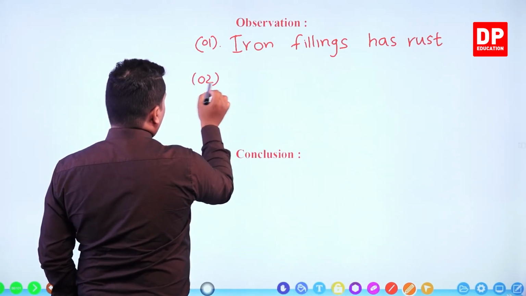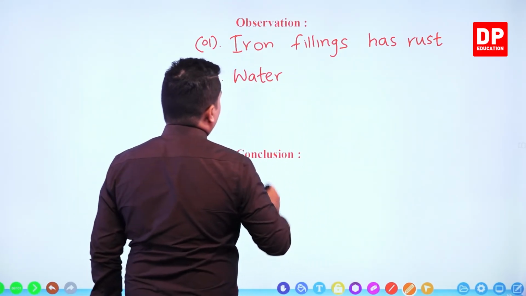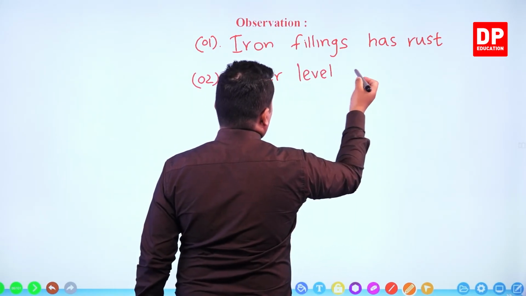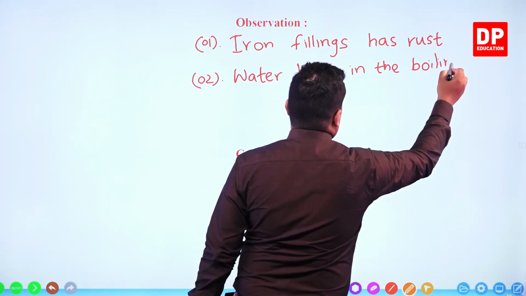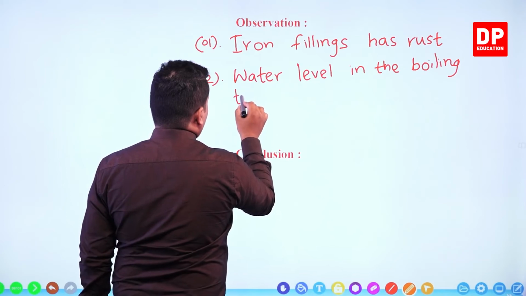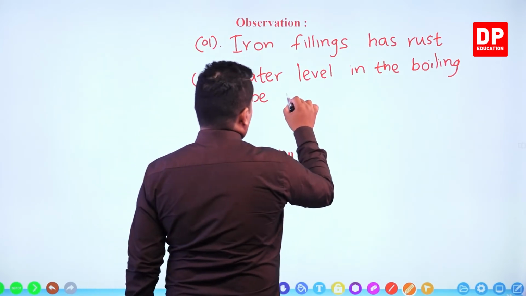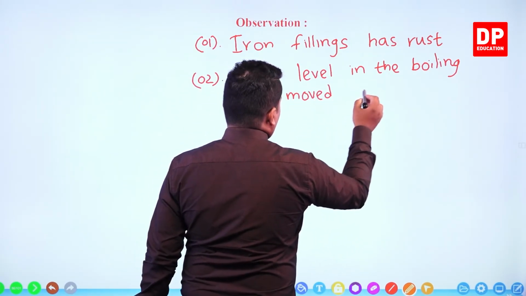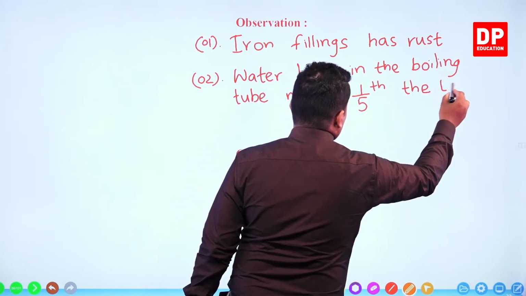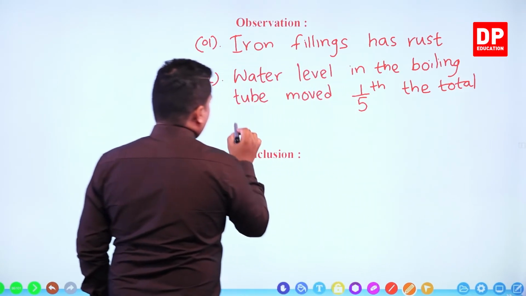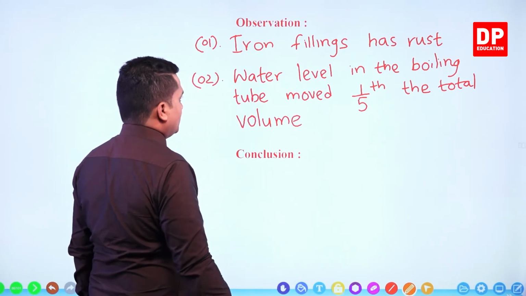Number 2, water level in the boiling tube moved up 1/5 the total volume, right?